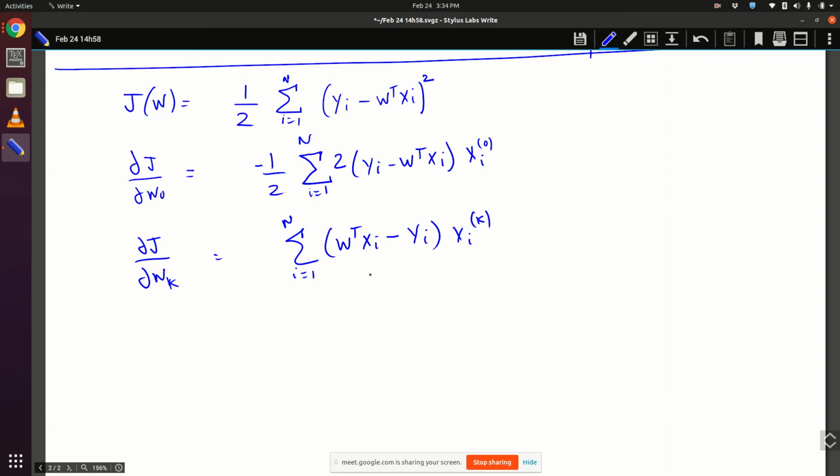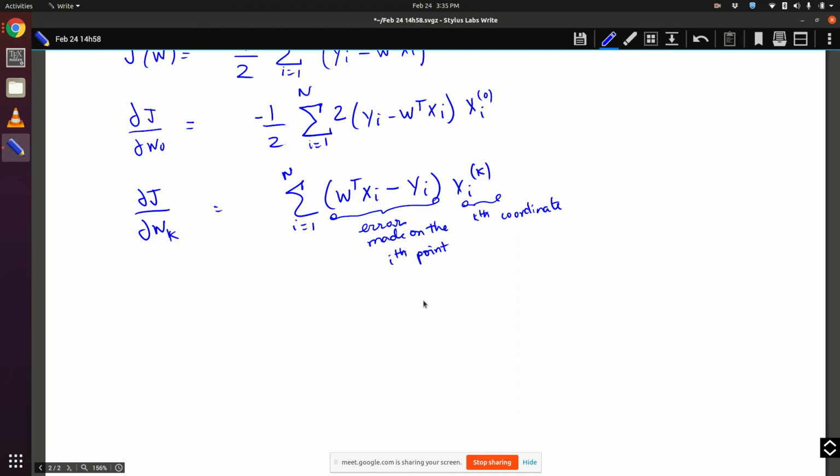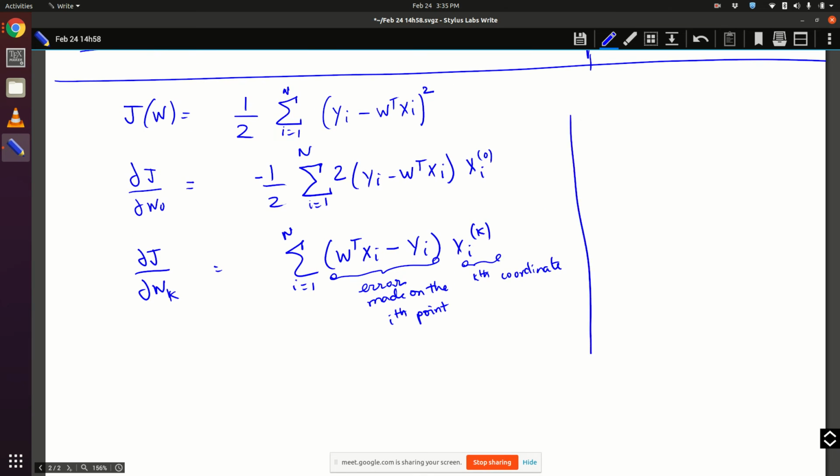How do you think about this? This is like the error made on the ith point, and this is the kth coordinate. So basically I'm making a sum of all the errors, and that is the gradient. Now, as before, we can write the gradient descent version.